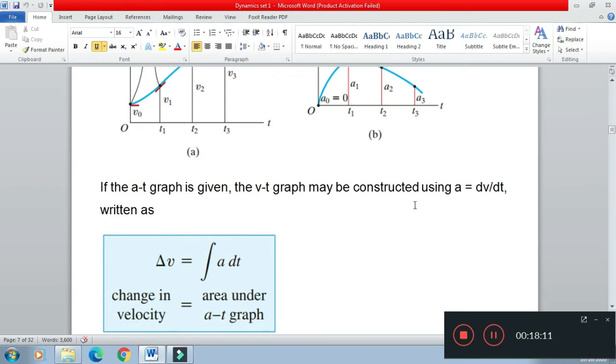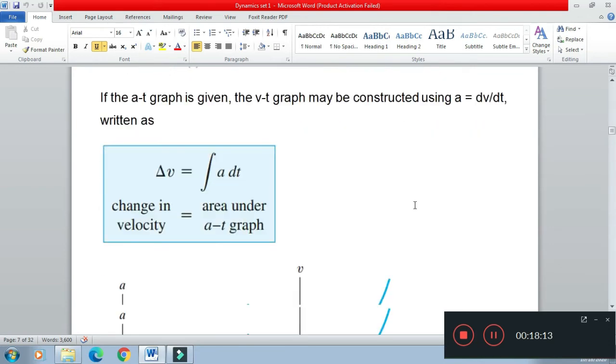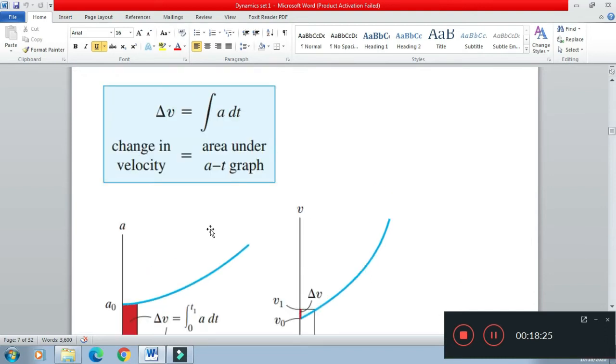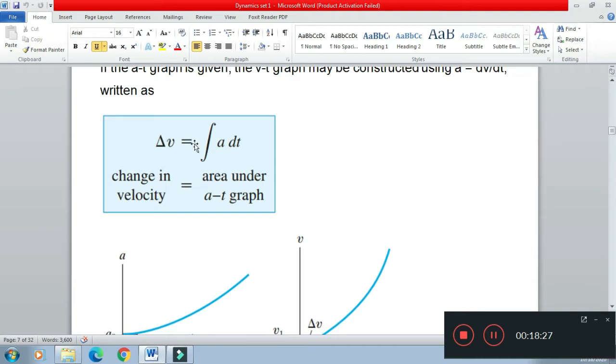Now we consider the opposite case. Suppose the acceleration time curve is given and we want to sketch the velocity and time curve. If you see the formula for calculation of the velocity or the velocity change, we have to integrate, because a is equal to dv over dt.